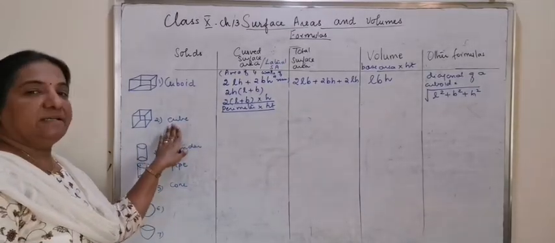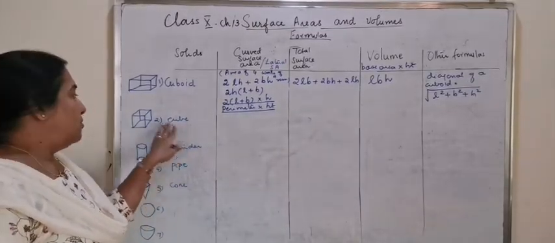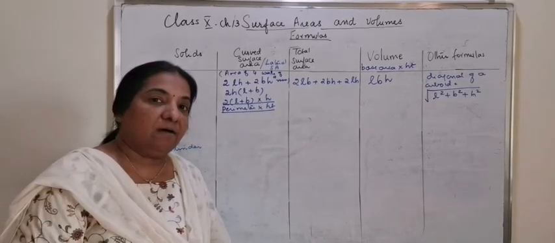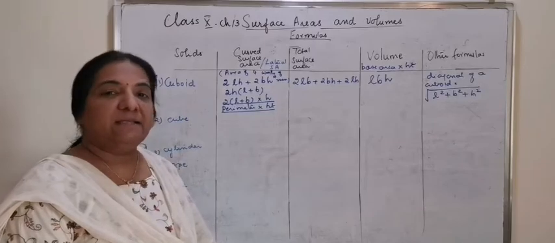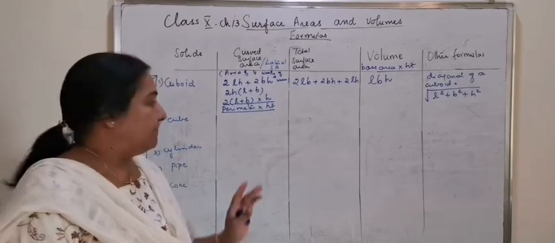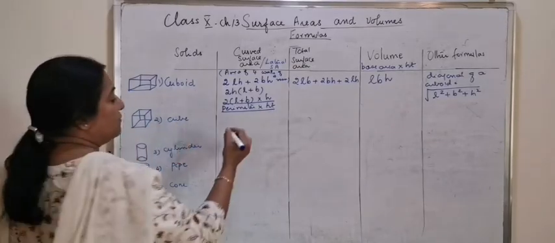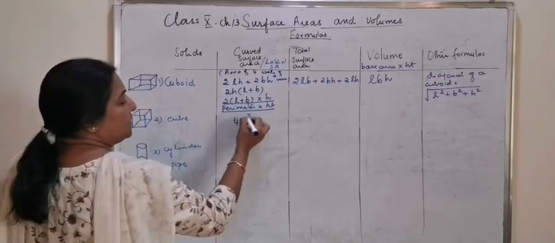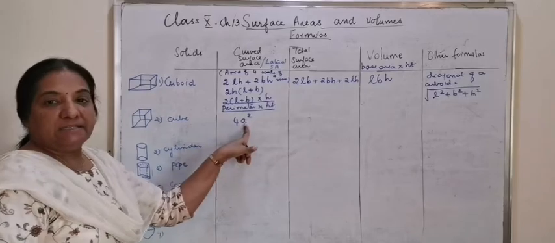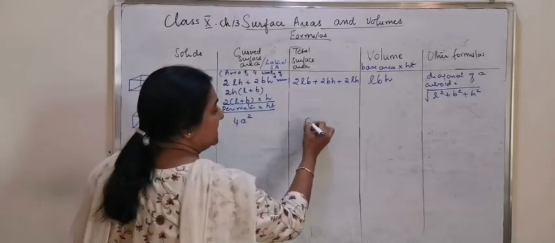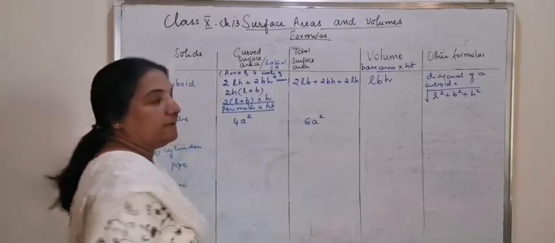The second solid is cube. A cube has 6 faces and all the faces are square shaped and they have equal area. So the lateral surface area of a cube is 4 times A square, where A represents the edge of the cube. The total surface area of a cube is 6A square.